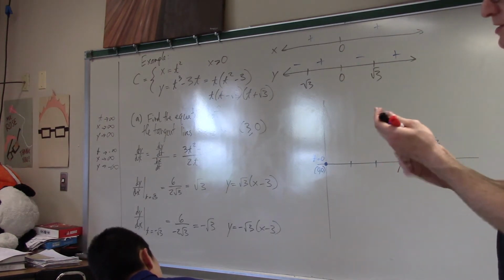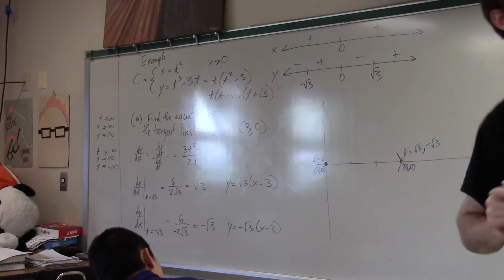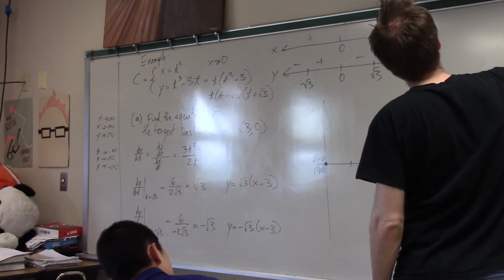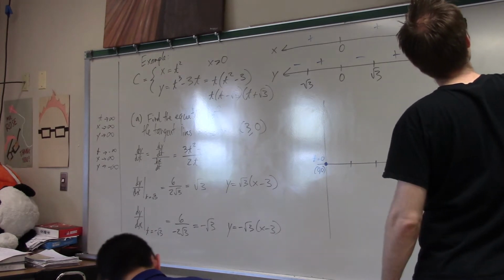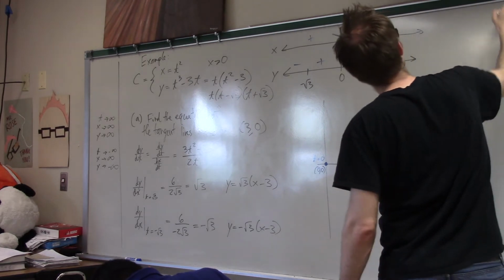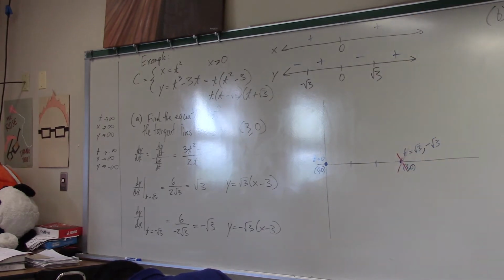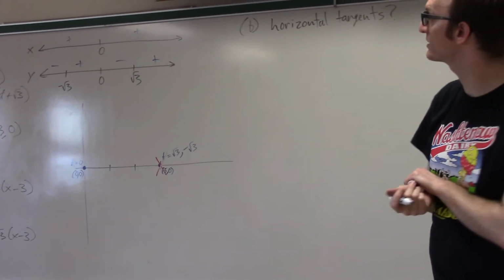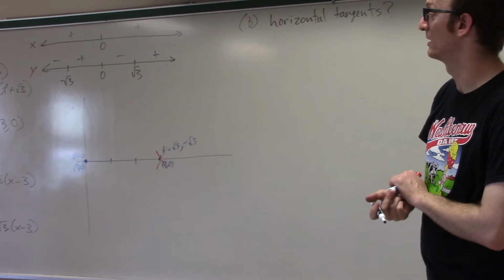Okay, here's another thing that calculus can tell us. Where do we have horizontal tangent lines? Horizontal tangents: dy/dx equals 0. Of course, I'm going to have a horizontal tangent whenever dy/dx is 0. When's that going to happen?